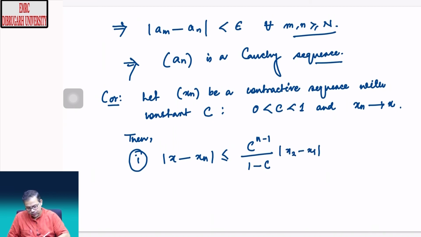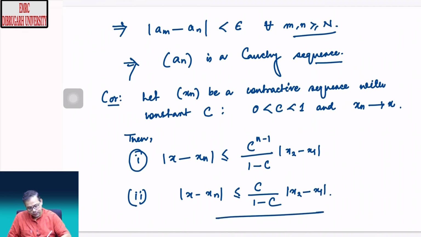This we have already obtained. And the second result is |x - x_n| is less than or equal to C/(1 - C) |x_2 - x_1|. So, these are the two corollaries coming out of this particular result.